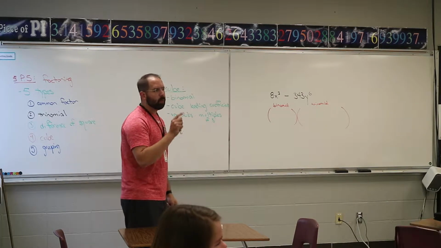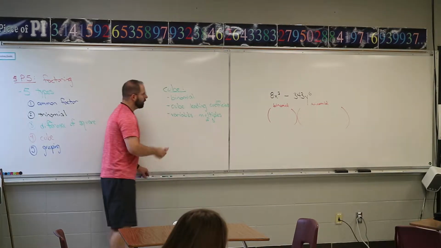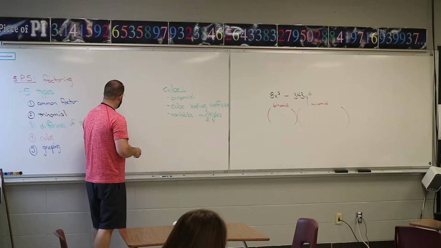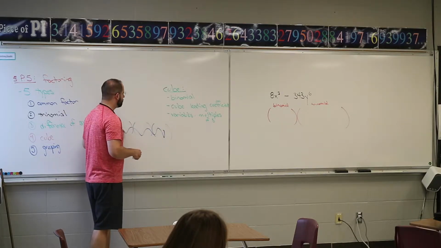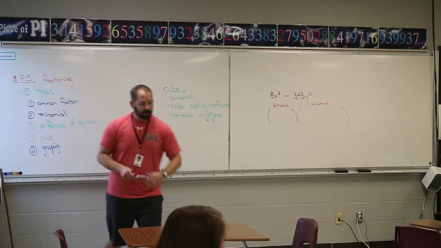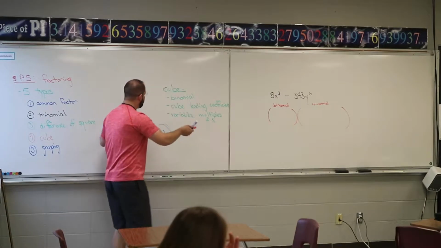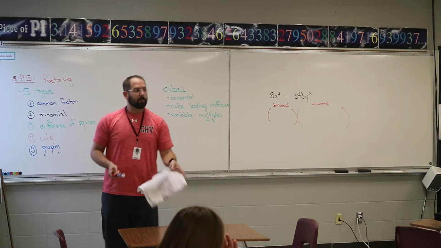But I always get that one person that thinks when you do a trinomial, that you do this. That's not how you do trinomials. You don't just do 3 parentheses. It's not how it works. So, it's a small parenthesis and a big parenthesis. That's the rule. Okay, so binomial.